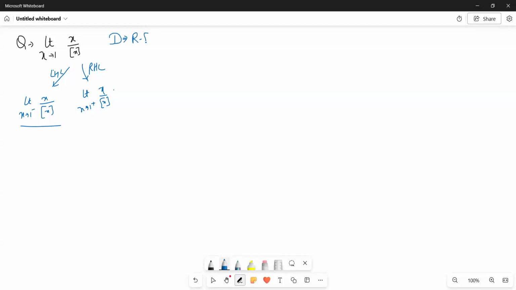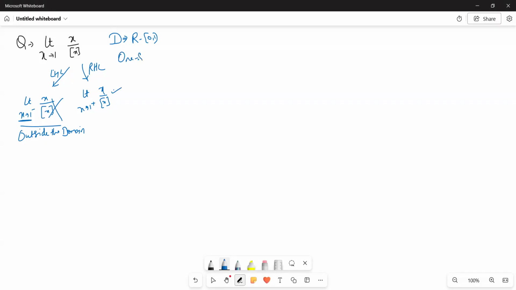All real numbers minus integers, 0 to 1. So the left-hand neighborhood that we talk about is outside the domain, which means we will not consider this. Since it is outside the domain, we will not consider this. We'll solve the question with the domain that is within the region.